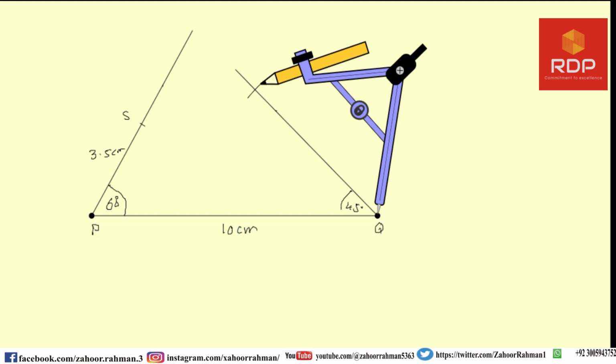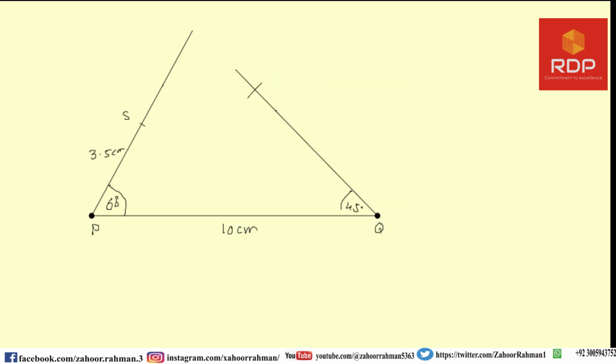Okay, that's it. Next I have to label it as 6 centimeter, and this is R point. Now I have to connect this, and that will be the first part that we have created. That is the required quadrilateral.